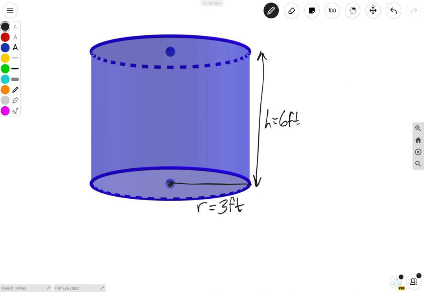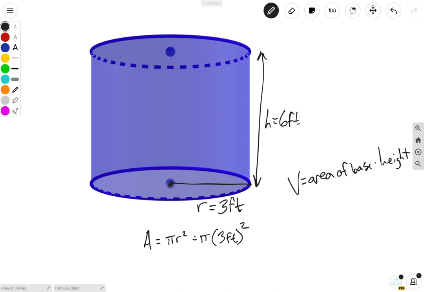So as we said, the volume is the area of base times the height. So in this case, the area of that base is a circle, so it's pi r squared, and our r is 3 feet. And we square that. So our area, 3 squared is 9, so we're at 9 pi square feet.